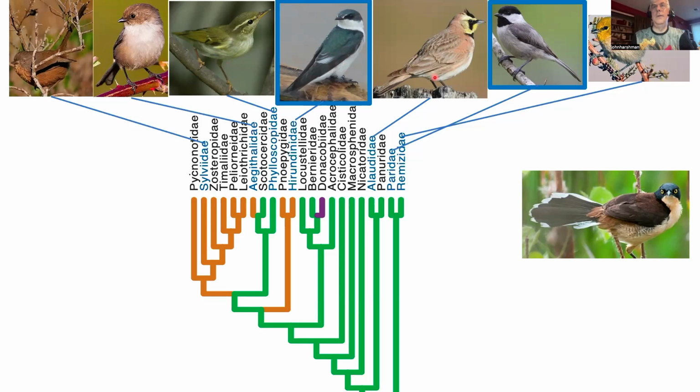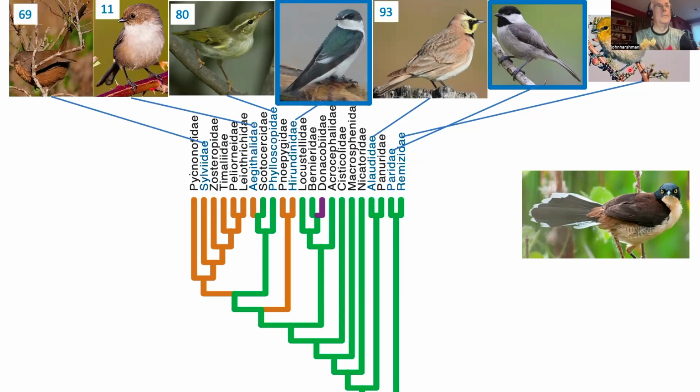Horned lark is the sole North American representative of a giant family, Alaudidae, the larks. And the verdin is the sole American member of an Old World family, Remizidae, the long-tailed tits, or sorry, the penduline tits.